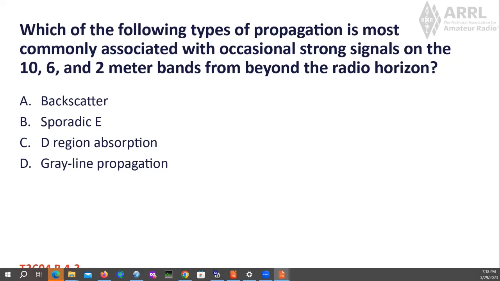And in the wintertime, the gray line is grossly different from what it is in the summertime.